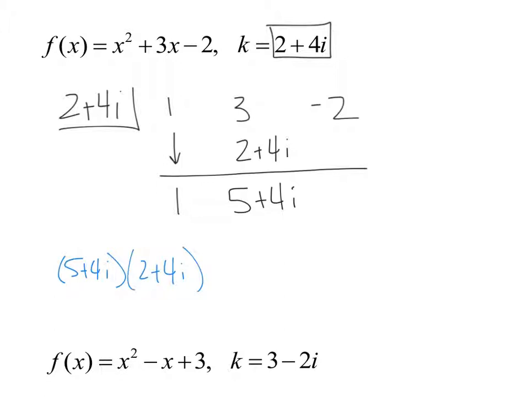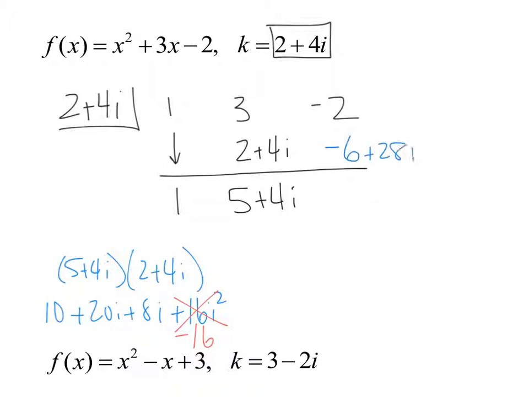And so when I FOIL, I get 10 plus 20i plus 8i plus 16i squared. Remember, that changes to negative 16 because of the imaginary number. So when I combine, I can combine my i terms and get 28i, and I can combine my 10 and my negative 16 and get negative 6.